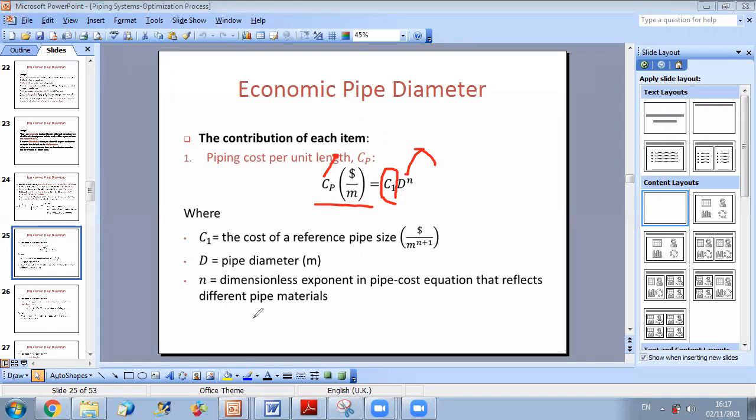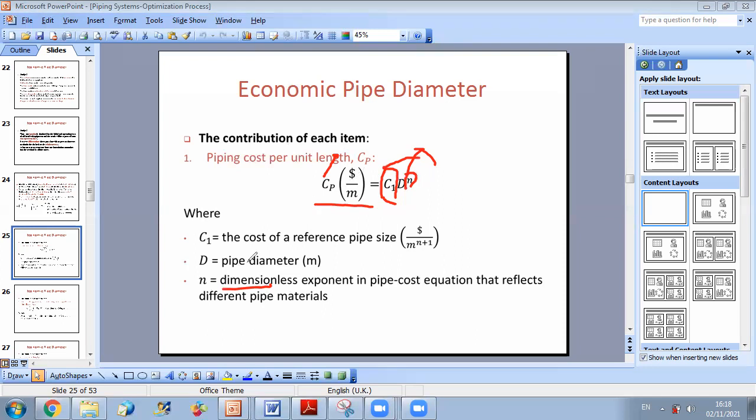Now, n is a dimensionless exponent in the pipe cost equation that reflects different pipe materials. يعني حسب الماتيريال type بنحدد n. So C1 and n will be provided for you, and the material you use determines the values of C1 and n. This will give you the cost per unit length of the piping system.